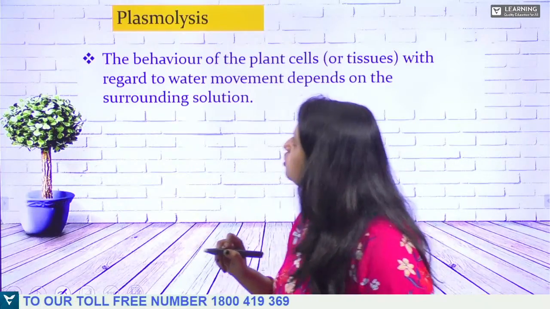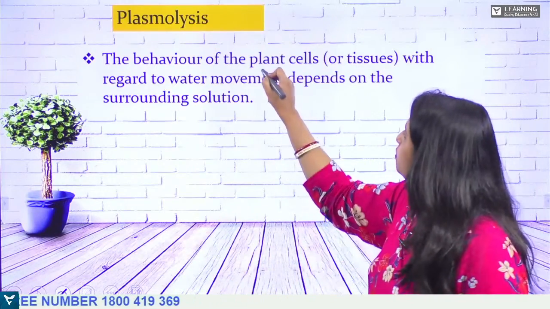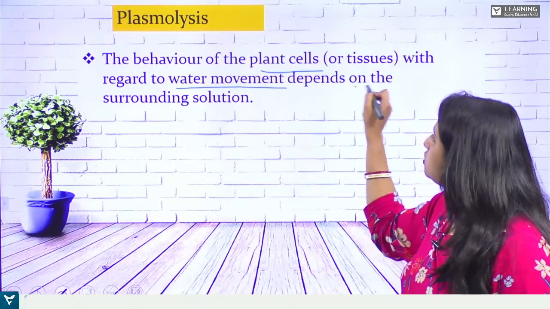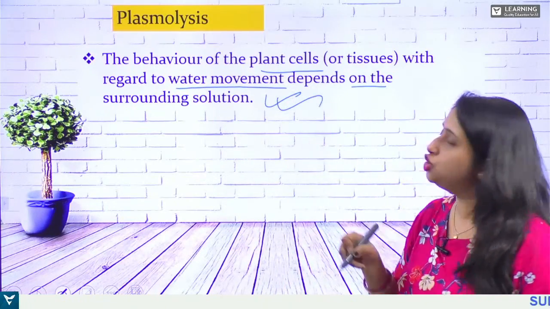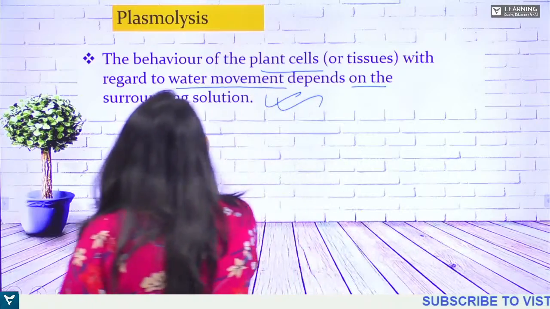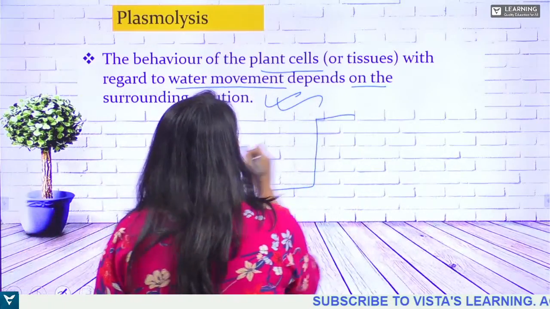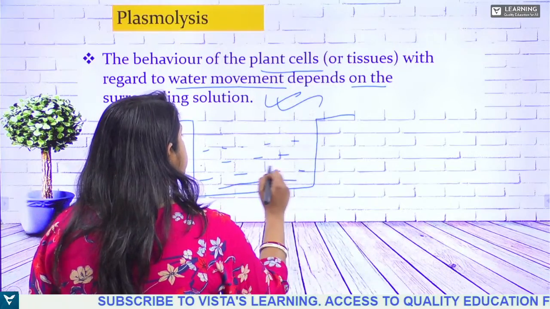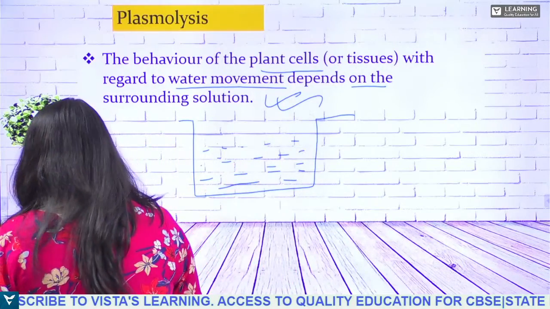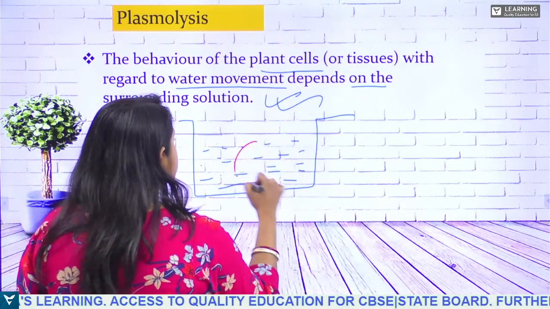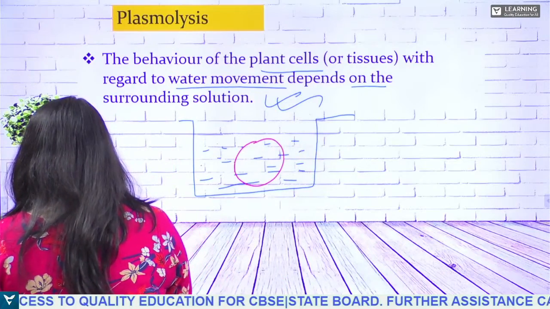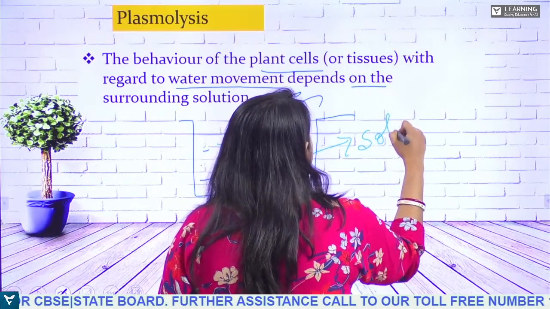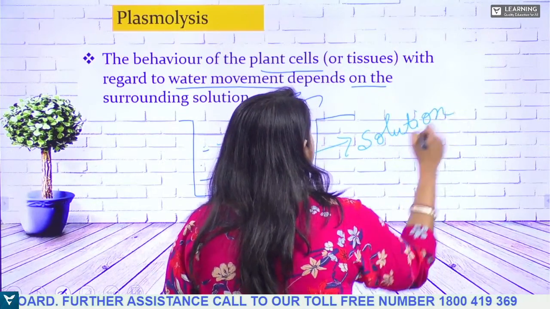Now see, in the case of plasmolysis, the behavior of the plant cells with regard to water movement depends on the surrounding solution, on which solution it is placed in.